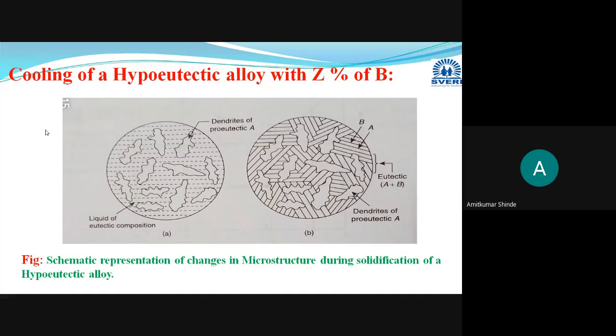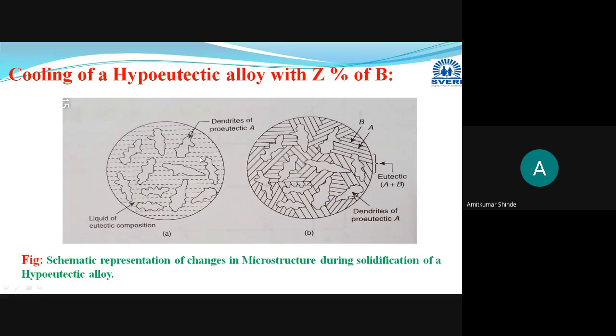This element A, which separates out before the actual eutectic transformation, will be termed proeutectic, free or primary element A. These microstructural changes are shown in the diagram highlighted by name A.